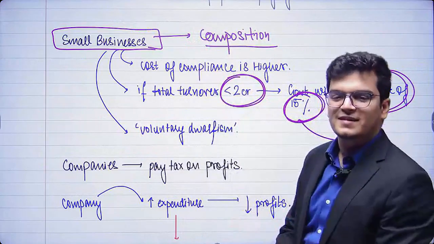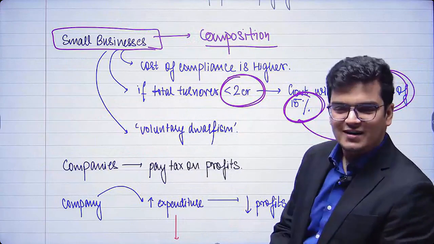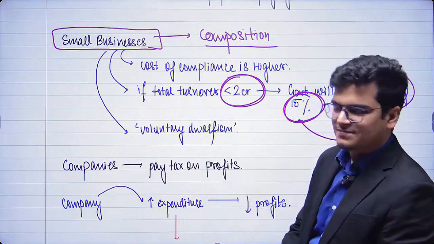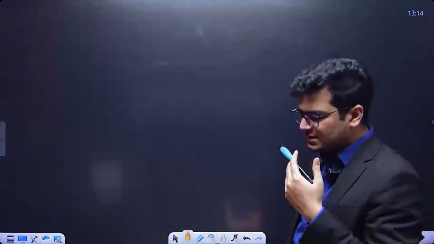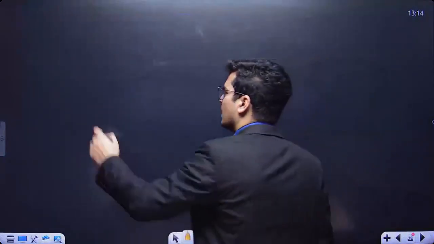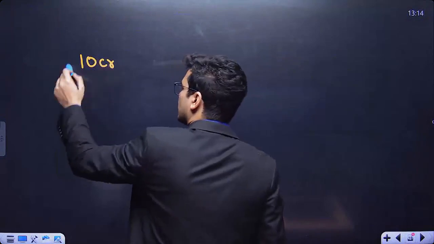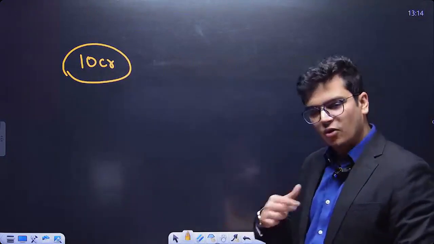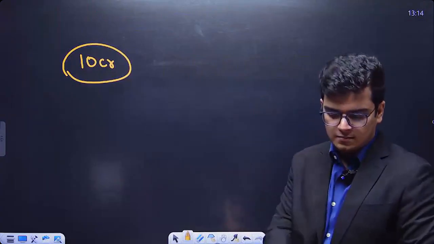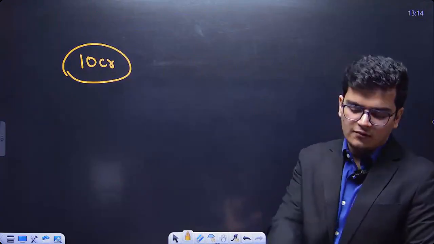अब ऐसी स्कीम्स आती हैं तो लोग जुगाड़ करते हैं. तो लोगों ने क्या जुगाड़ किया? I am, let's say, owner of a business that has 10 crore revenue. I want the composition scheme.